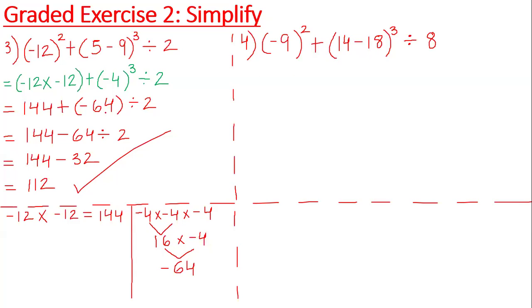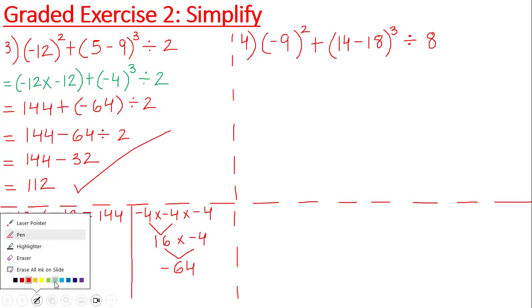I know what I did wrong here. What did you do wrong, Genesis? I took away 64 from 144 first, before you divided it. Right. Okay. I see what I did. What did you do wrong, Crimson? I added instead of subtracted. Yeah, added instead of subtracted. But everything else is right. All right, let's do the next one.